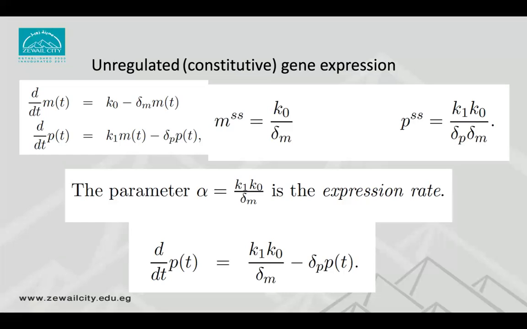Okay, and then you can get also the steady state concentration of the protein, which is going to be dependent on the 4 rate constants. And then you get this parameter alpha. This is the overall expression rate, which comes from the rate of production of the protein. Okay, but you could also have the degradation of the protein here.